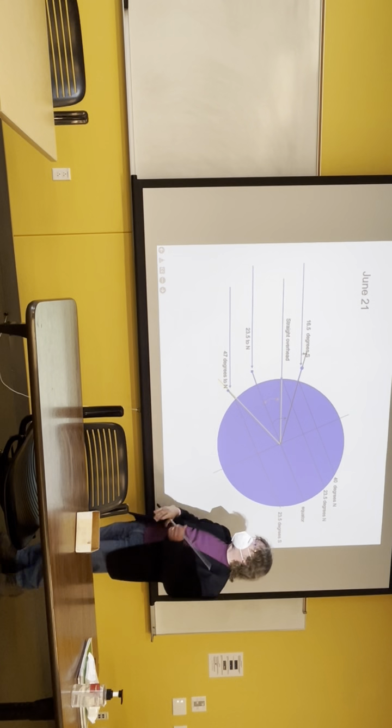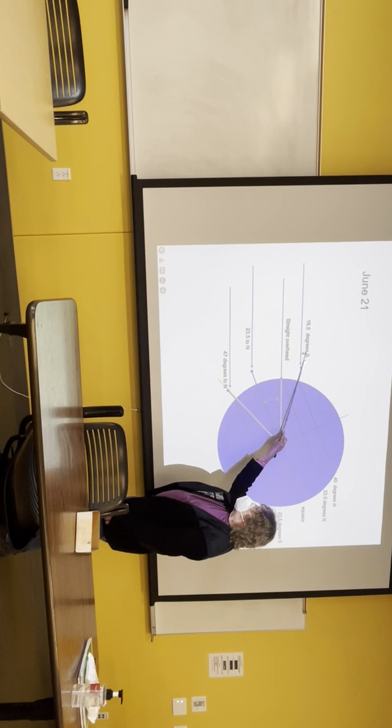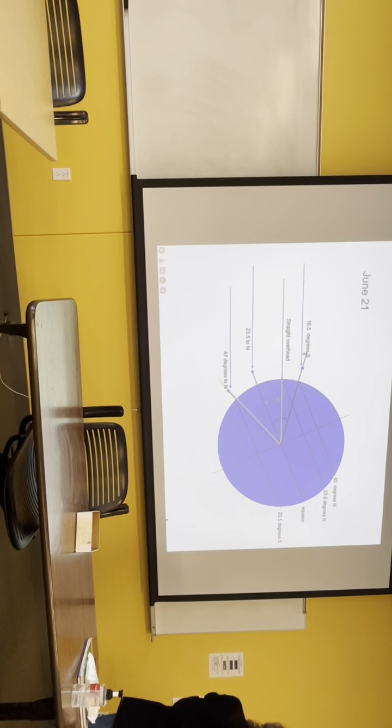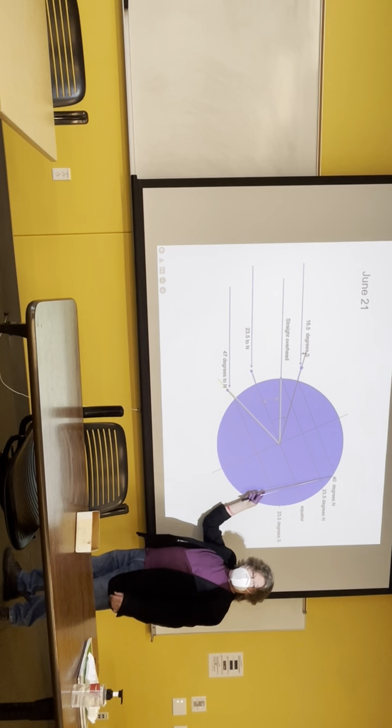For us, at 40 degrees north latitude, the angle from straight up to where the sun would be in the sky would be 16.5 degrees. It's pretty high, okay? Now where do I get the 16.5 degrees?